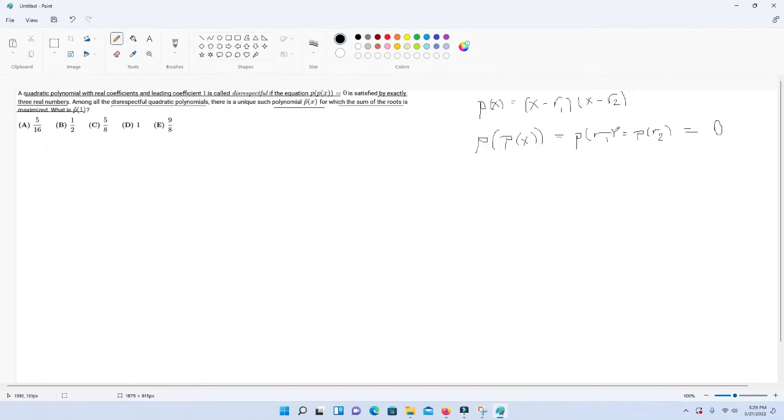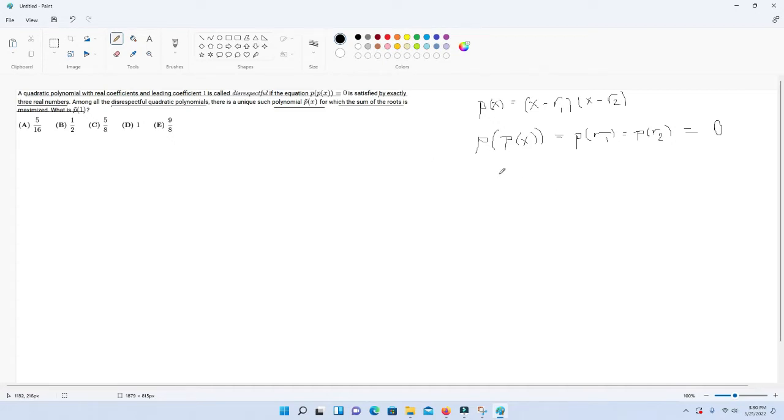So this is a bit interesting. We know that this would yield exactly 3 real numbers for our initial x, such that the solution would be 0, based on the definition of the disrespectful polynomial. In reality, we're putting a quadratic function inside of another quadratic function, right?